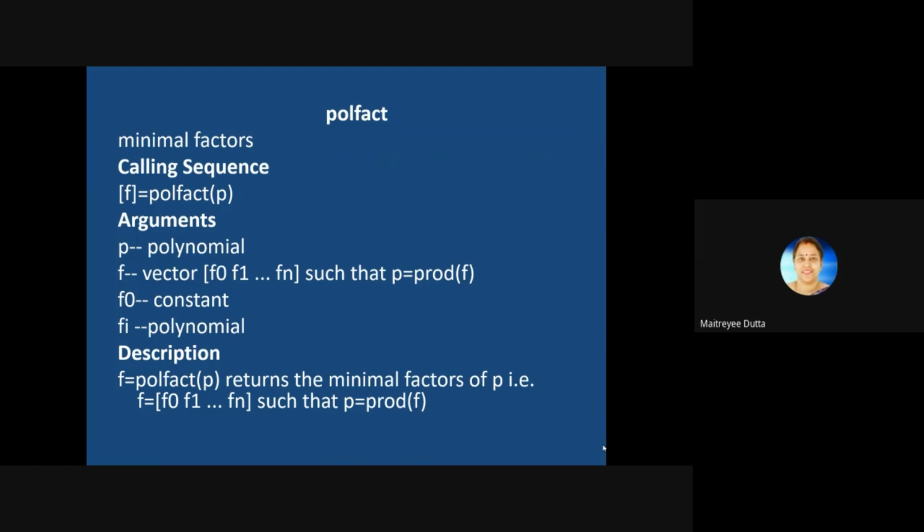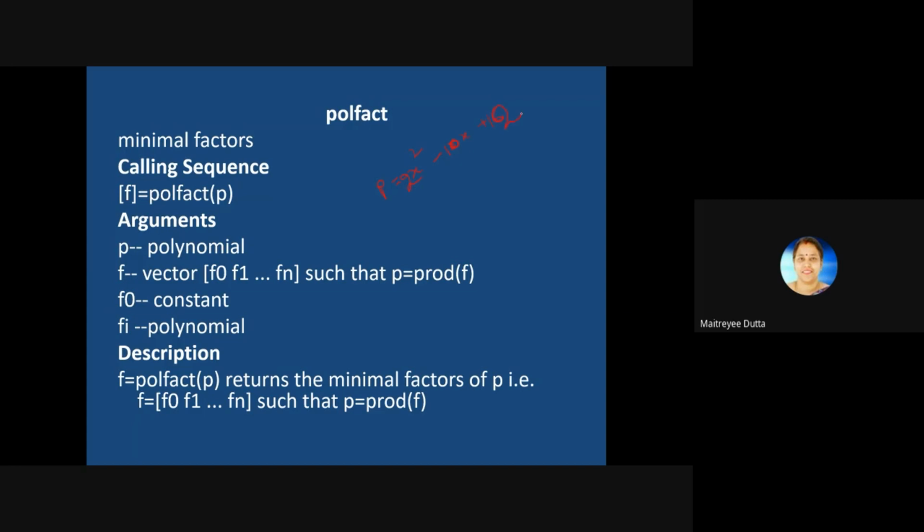Sometimes the polynomial equation is, say, x squared minus 5x plus 6, right? Say for example, the polynomial is 2x squared minus 10x plus 12.